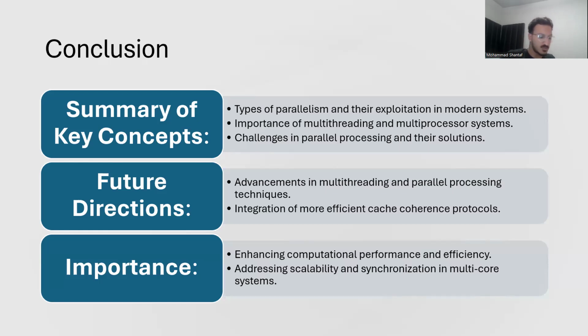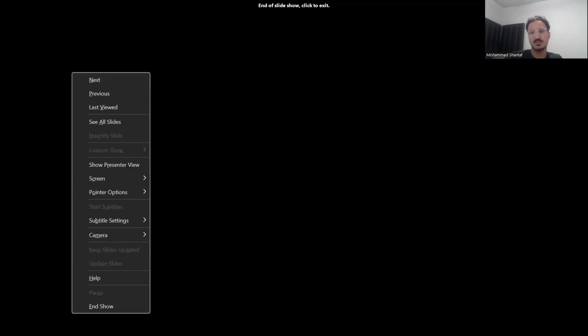Future directions include advancement in multi-threading and parallel processing, and integration of more efficient cache coherence protocols. The importance of this is enhancing computational performance and efficiency, as well as addressing scalability and synchronization in multi-core systems.